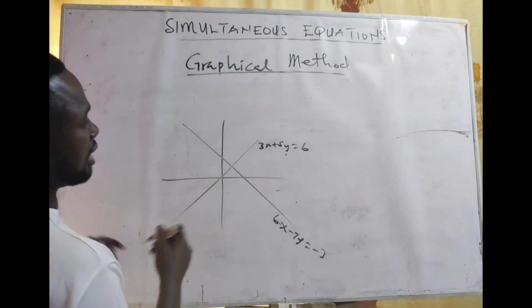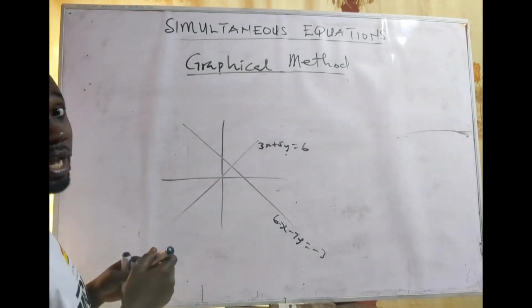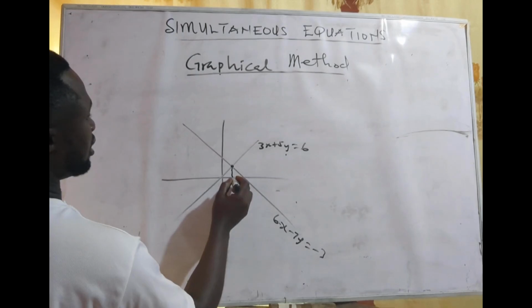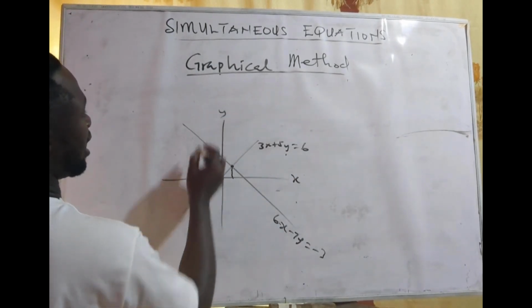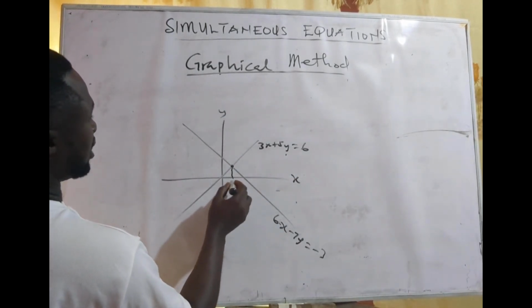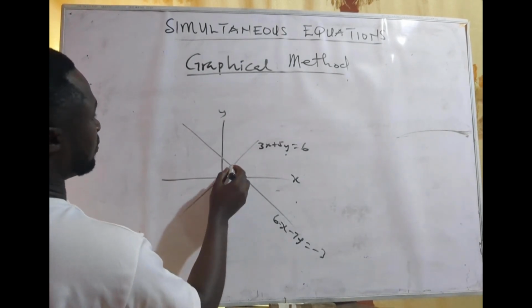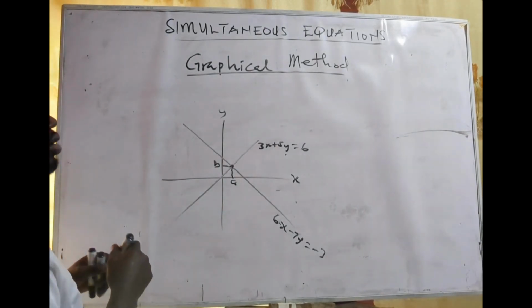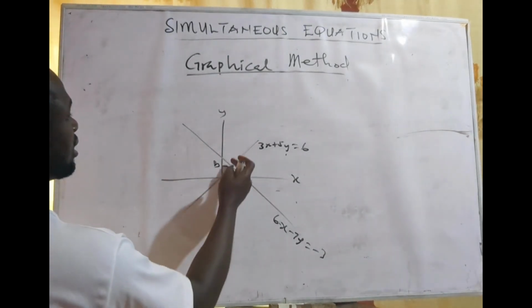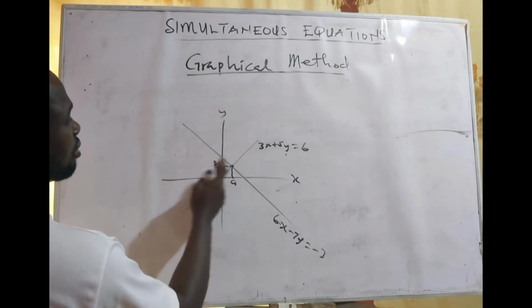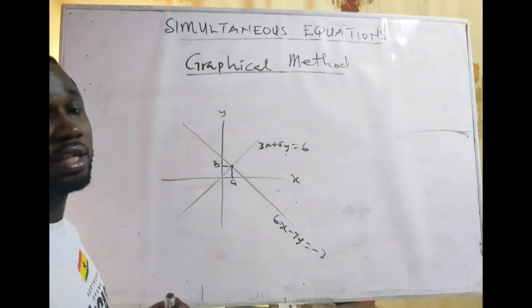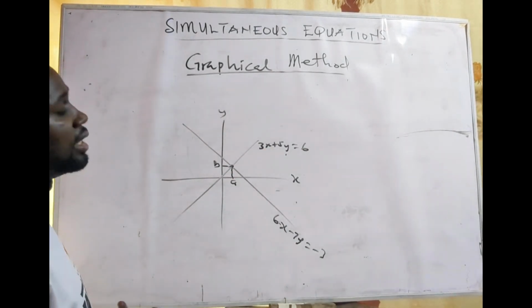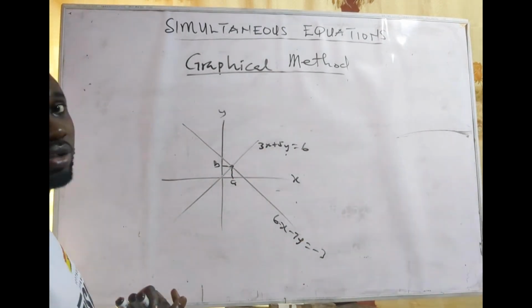So when you are solving, if these are our straight lines, assuming where they will meet, their point of intersection, you trace down to this, our x axis, this is our y axis, and then let's say the value of x here is a, the value of y here is b. So where they will meet or where they will intersect, you trace to the x axis, trace to the y axis, and the two values you get are the two values that will satisfy the two linear equations at the same time. So that is what we are going to do.